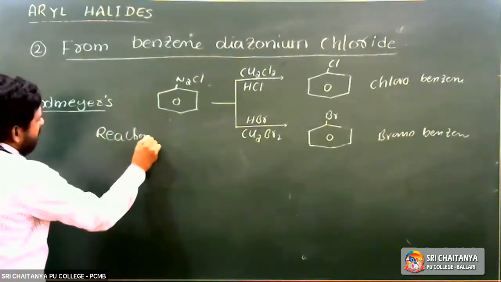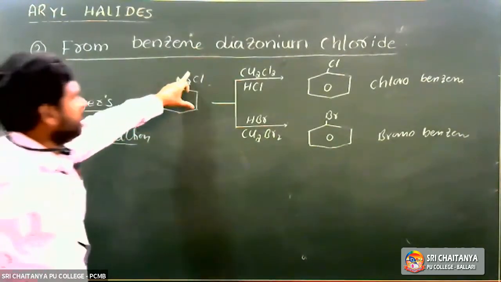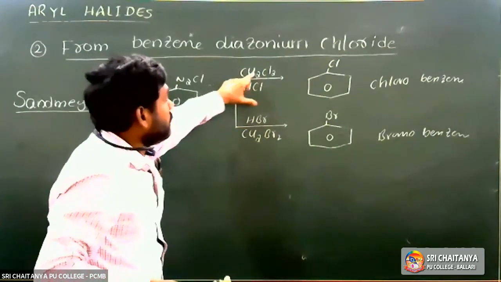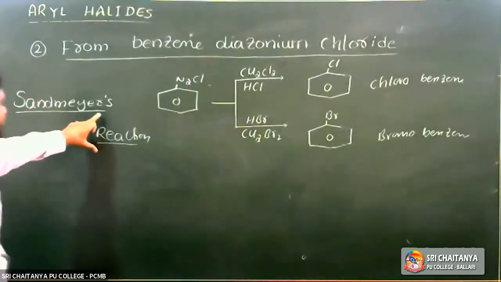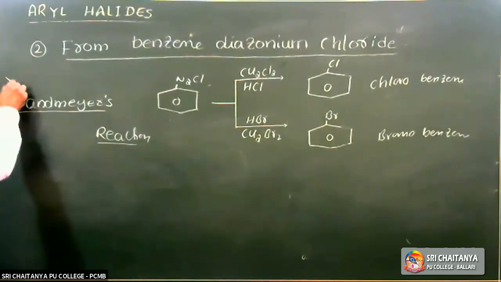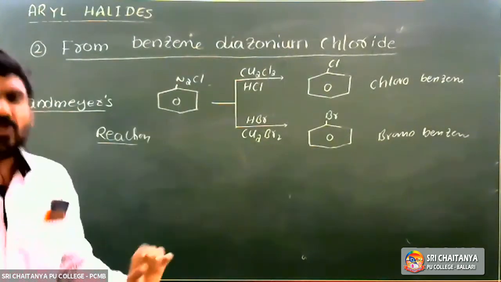What is the name of the reaction? The preparation of chlorobenzene from benzene diazonium chloride by using HCl and cuprous chloride is the Sandmeyer reaction. It is very important in public exams and entrance exams, NEET and JEE Mains.